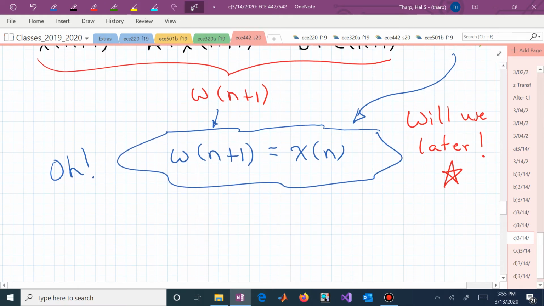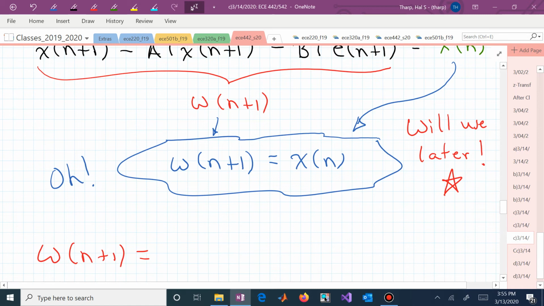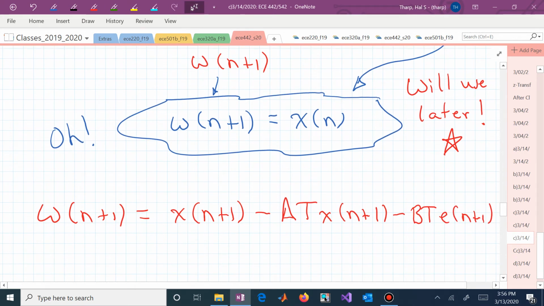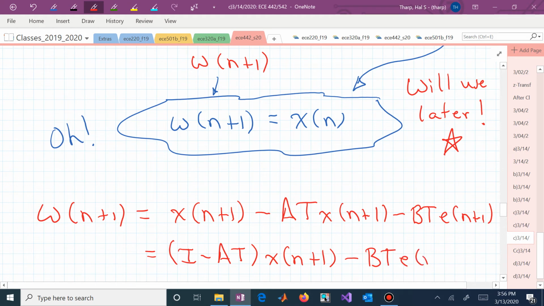What have we done? Well, we actually defined w of n plus 1 equal to x of n plus 1 minus A t x of n plus 1 minus B t e of n plus 1. Or that's now I minus A t x of n plus 1 minus B t e of n plus 1.